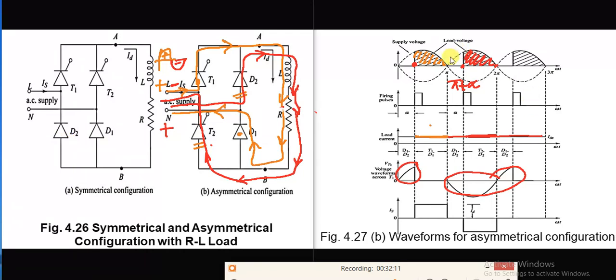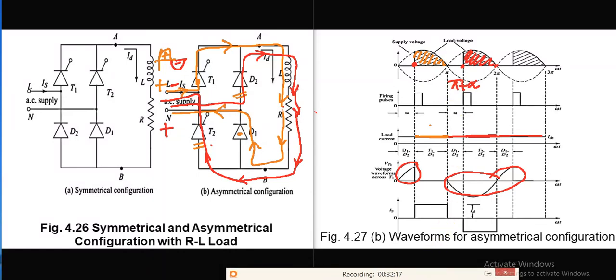We are not getting any half waving here also, because these diodes perform the operation of freewheeling.